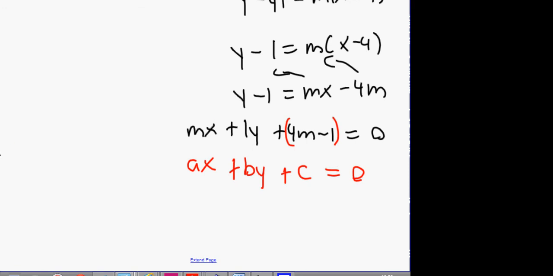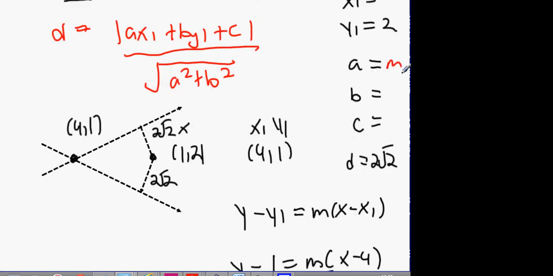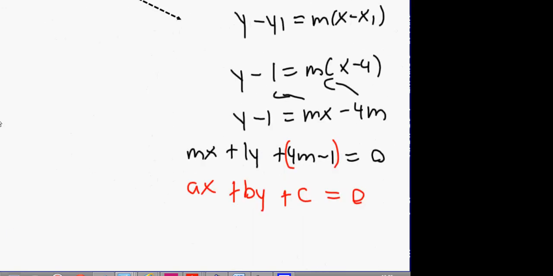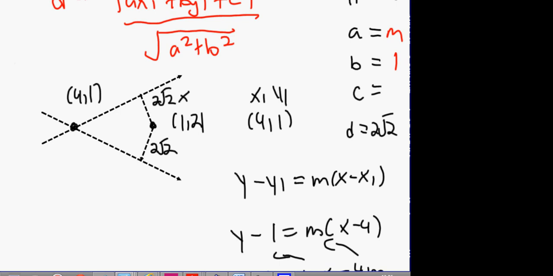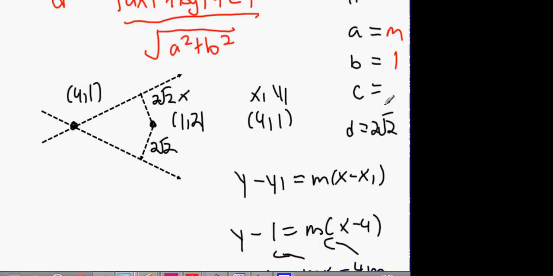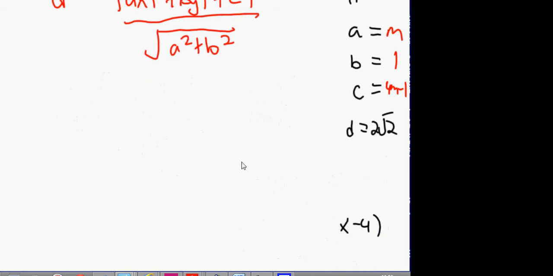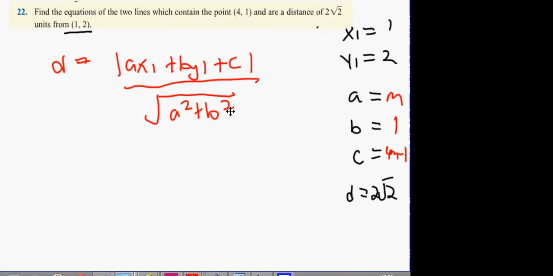This means A equals m, B equals 1, and C equals 4m minus 1. Now, having done all this work, I'm going to get rid of most of this here. And now I'm going to start filling in the equation exactly the way it should be done. We're going to replace d with 2 root 2.